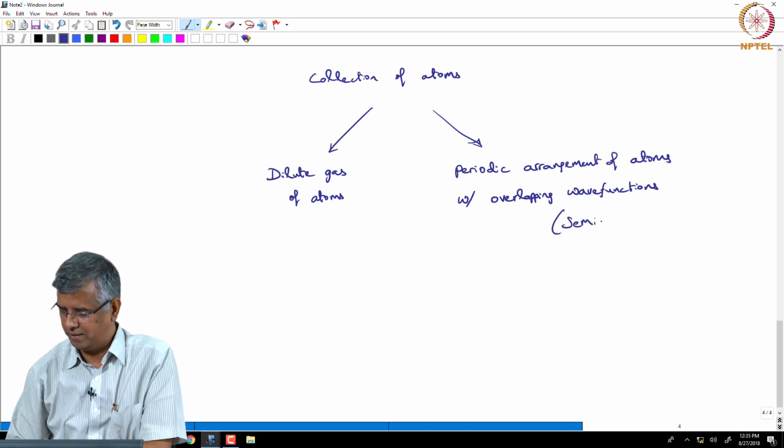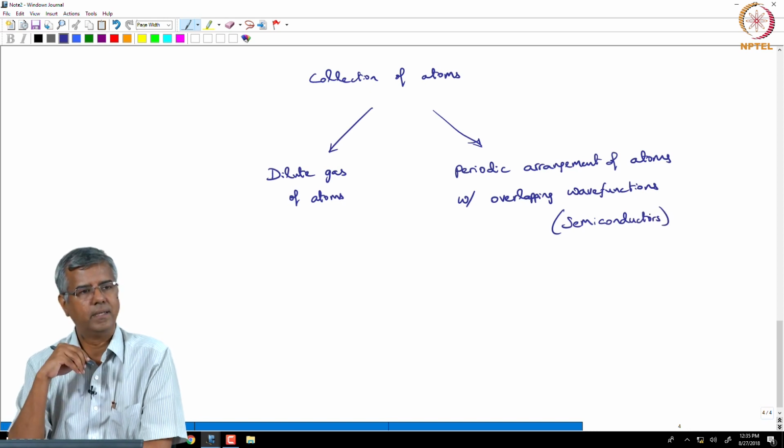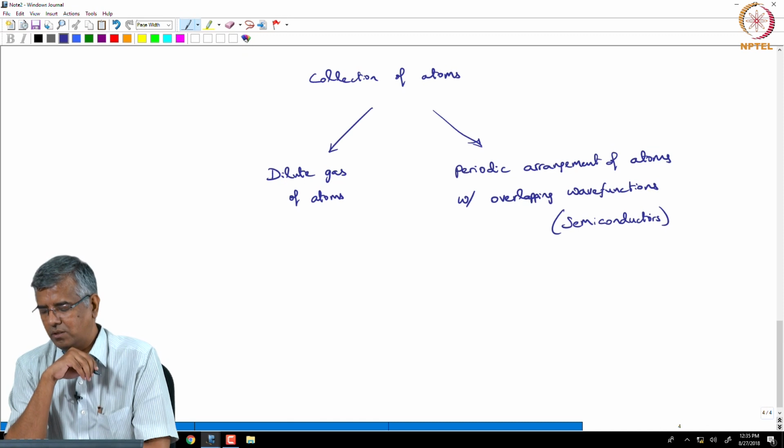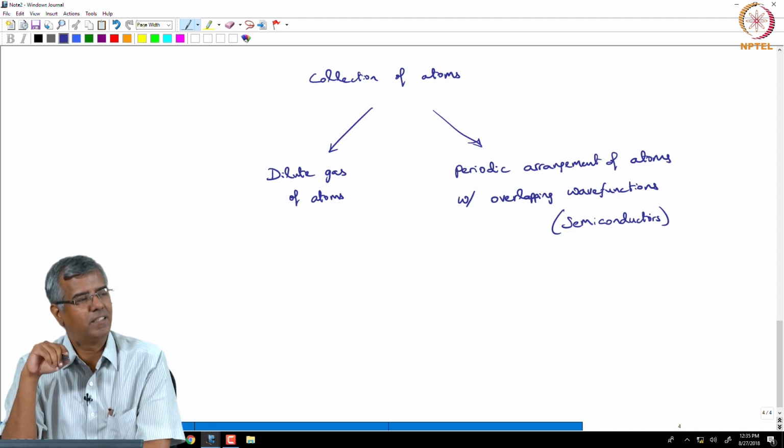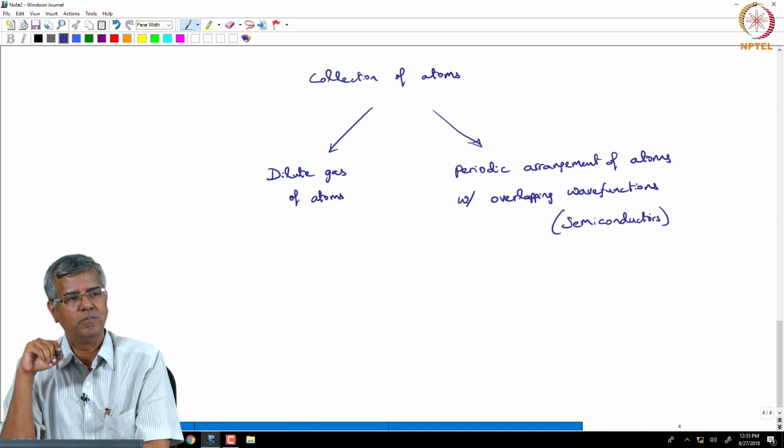That is what you find in semiconductors, right. In semiconductors you typically have this periodic arrangement of atoms with overlapping wave functions. What is the effect of that? Because of this, what do you have in semiconductors?